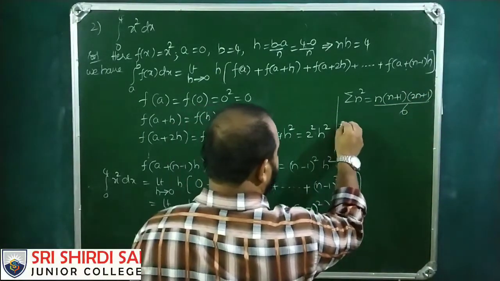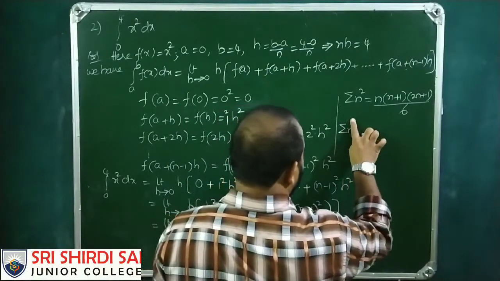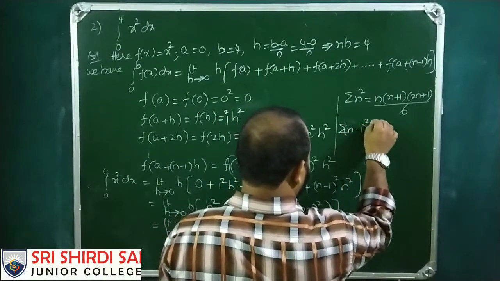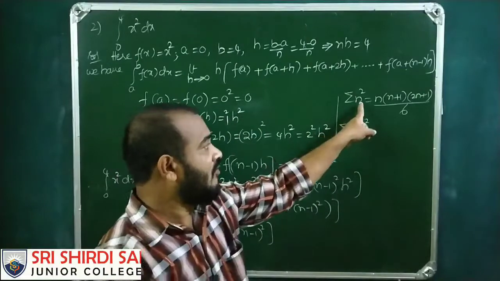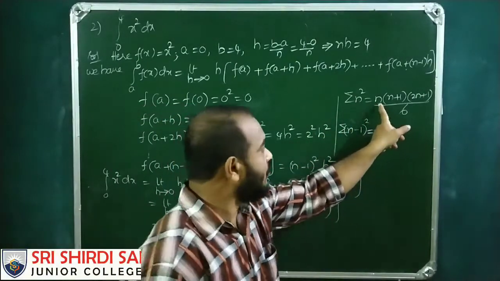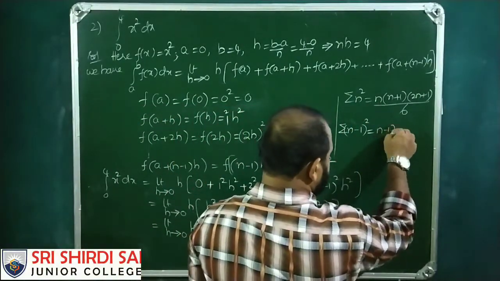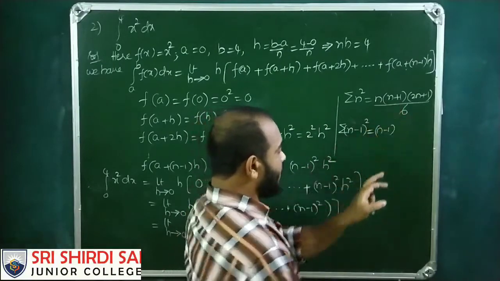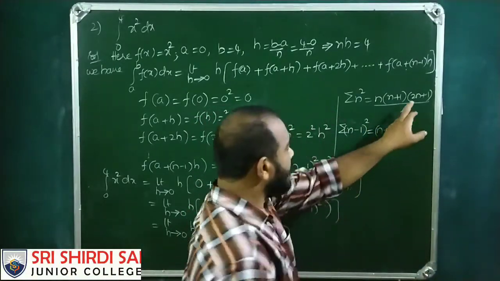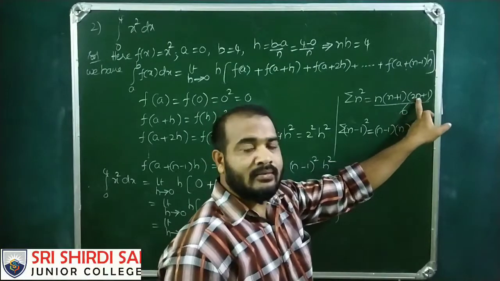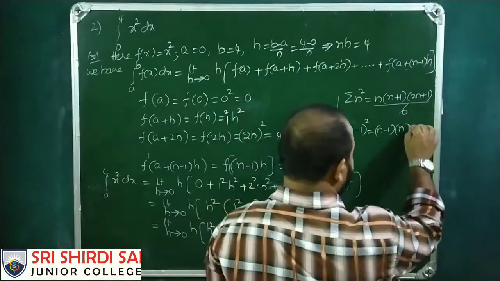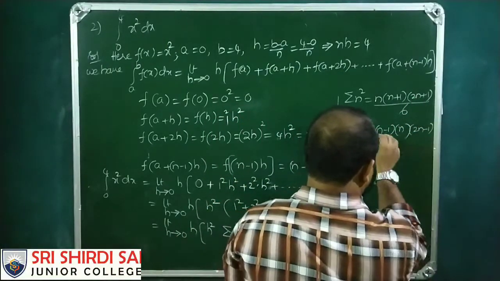But here we need the sum of (n minus 1) whole square, so wherever you have n, simply substitute n minus 1. So (n minus 1) into (n minus 1 plus 1), which is n, into (2 into (n minus 1) plus 1), which is 2n minus 2 plus 1, so 2n minus 1, by 6.